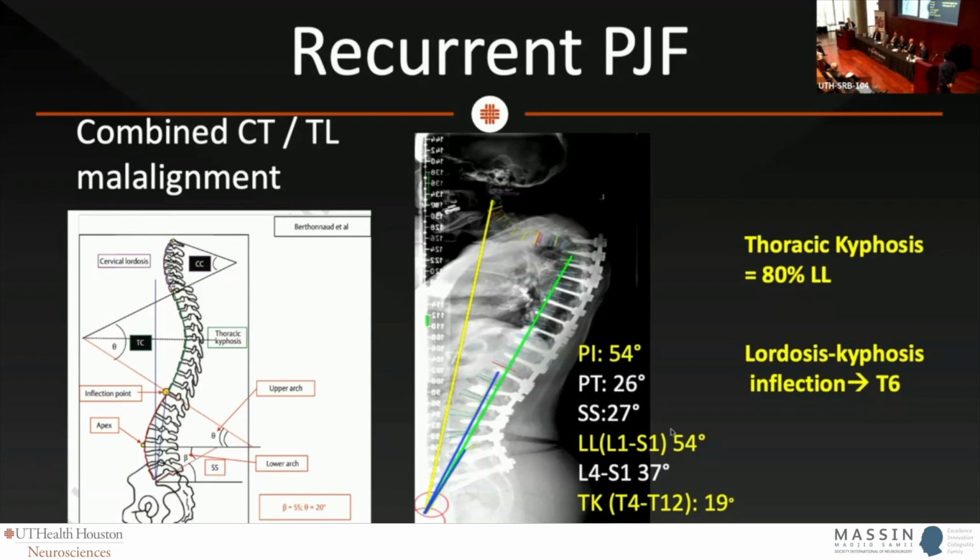Otherwise her spinopelvic parameters are pretty well aligned, but she has no thoracic kyphosis. On average, the thoracic kyphosis should be about 80% of the lordosis, which was not planned for here, and it wasn't clear whether it was positioning or just execution.